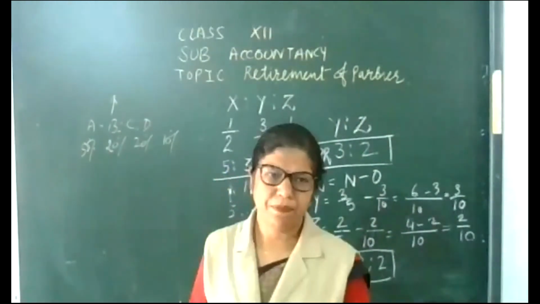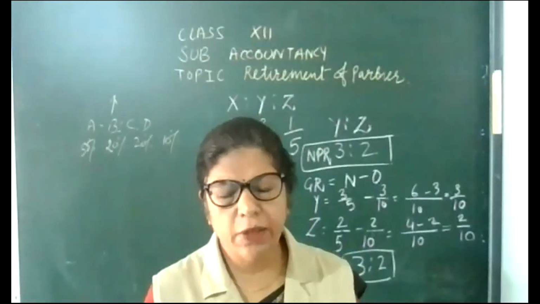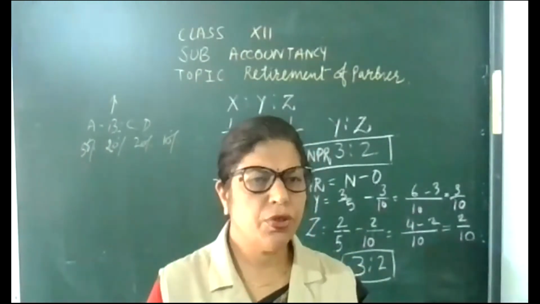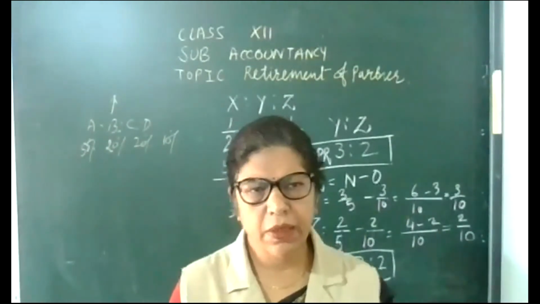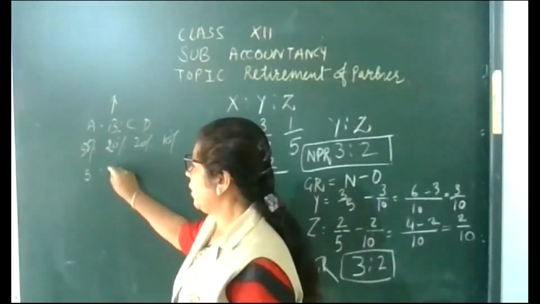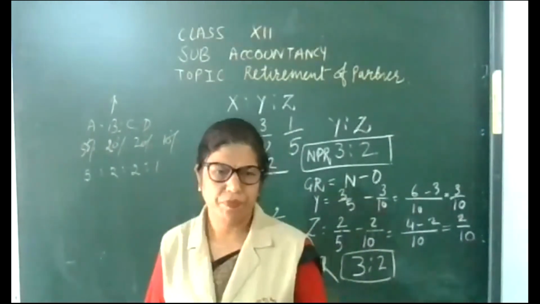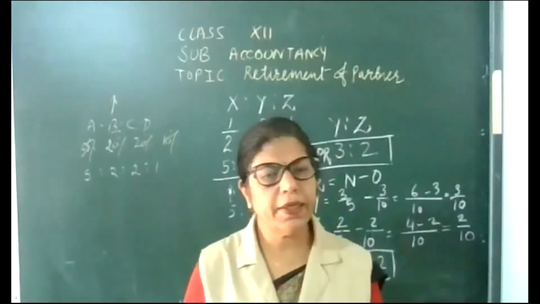First of all, if the question is given in percentage, don't worry. Make them in a simple ratio, 5, 2, 2, 1. Now who is retiring?